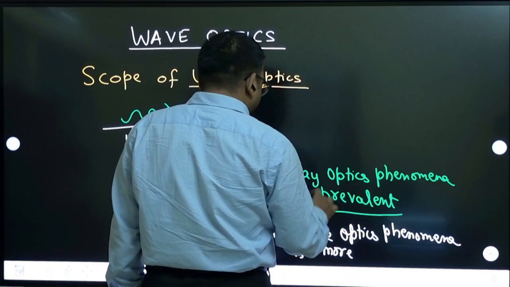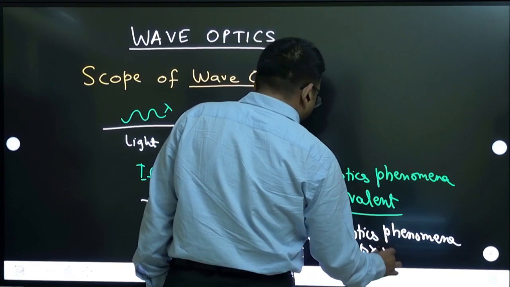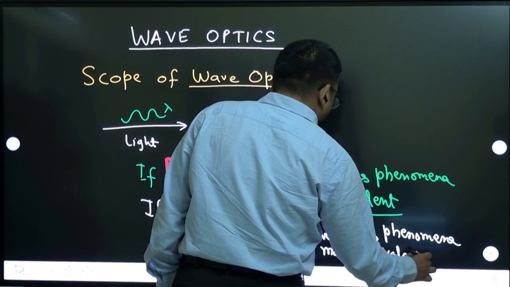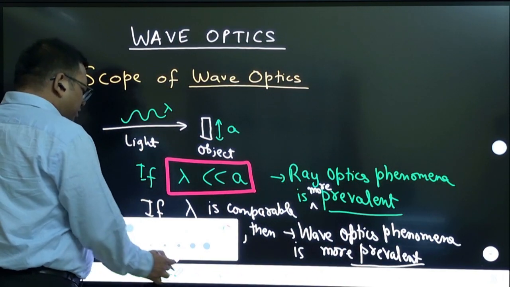Here also you can say it is prevalent, but it is more prevalent. Right. So this is the scope of ray optics and wave optics.